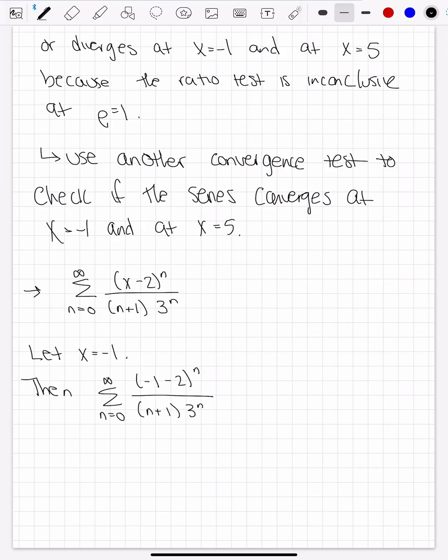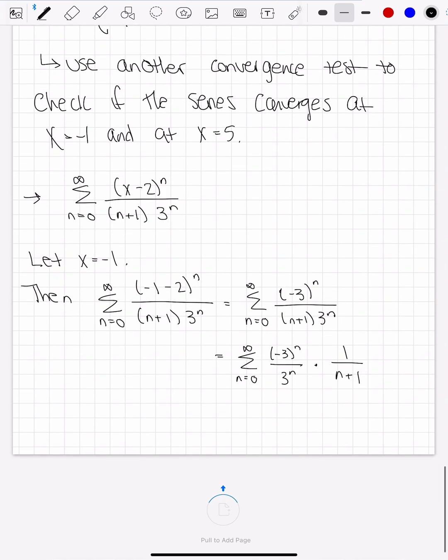So now let's simplify this. -1 minus 2 is -3, so that's (-3)^n all over (n plus 1) times 3^n. We can split this up into two fractions: (-3)^n over 3^n times 1 over n plus 1.